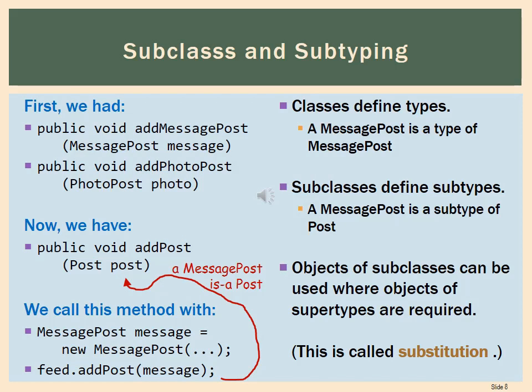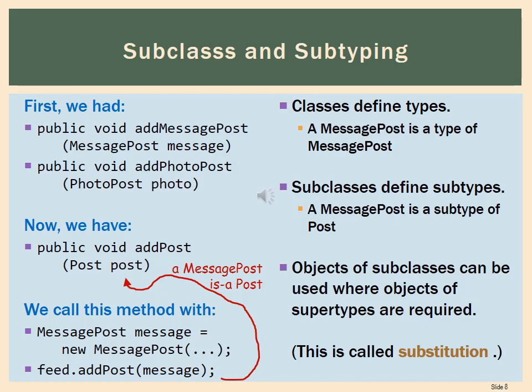But now we can change it up. Now we can just have one method to add a post. And we can add a post that's either a message post or a photo post. The way we do this is our new method just says add post, but look what it takes as a parameter. The method is described with the post as a parameter, the superclass.